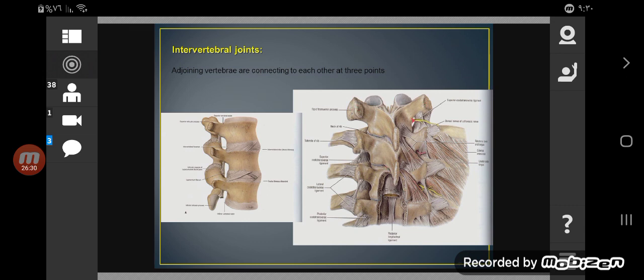For example, if you consider this thoracic vertebra, this joint is between the inferior articular process of this vertebra and the superior articular process of the lower vertebra. For example, if you consider this is T6 or T7, the inferior articular process of T6 articulates with the superior articular process of T7, as you see in this picture.